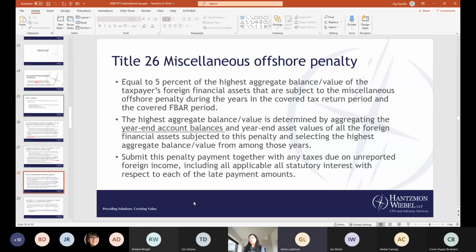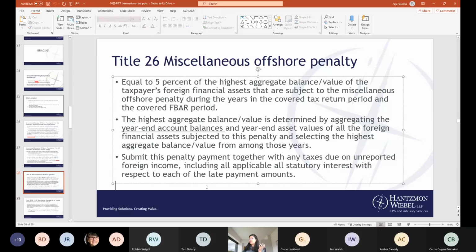I think what we did, we had a little spreadsheet where we calculated it. It would have been the highest balance for each one, and then we added them all up, and we used that number to multiply by 5%, and that's how we got the 5% penalty. I think that's how it goes.